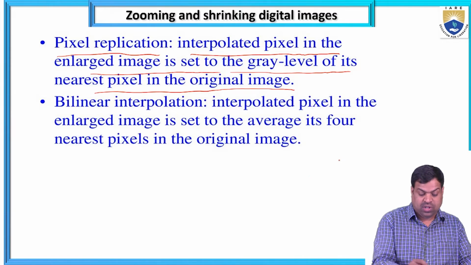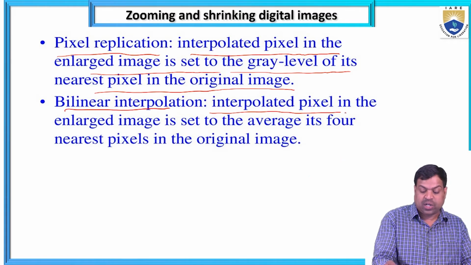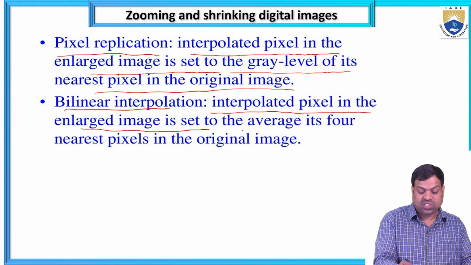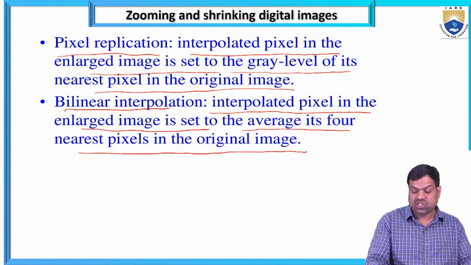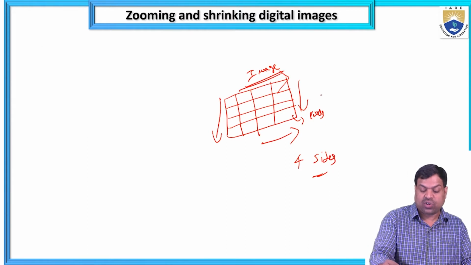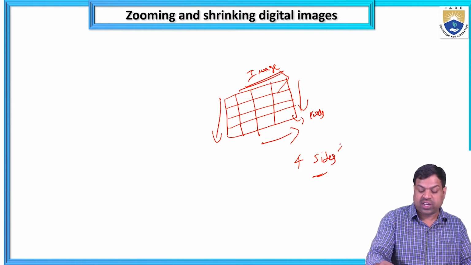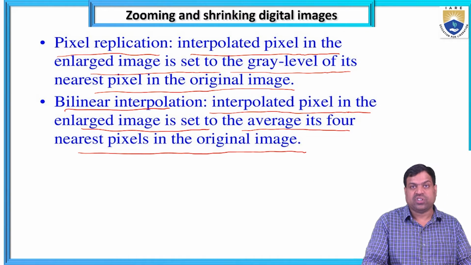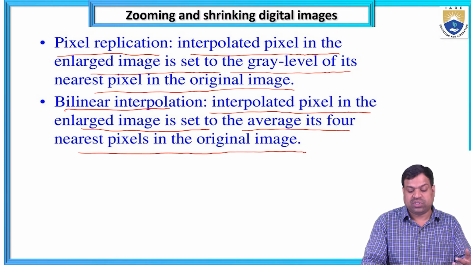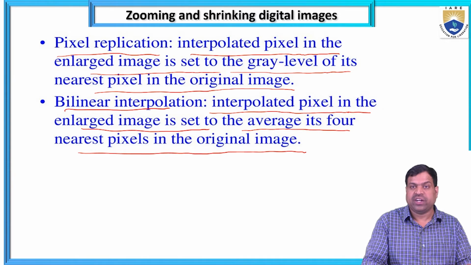So I am taking the average of the original 4 sides. Okay, that is bilinear interpolation. So pixel replication and bilinear interpolation both take from the original image, and we are forming the gray levels from the original.